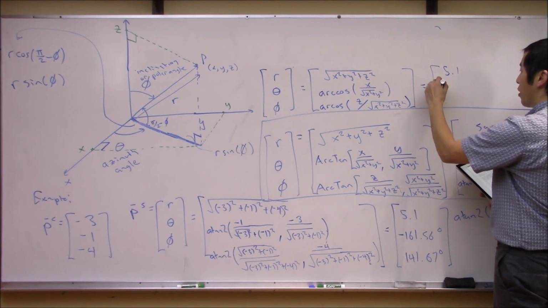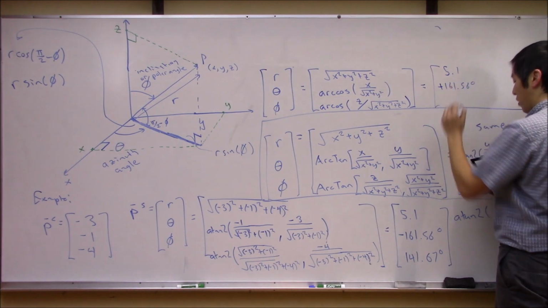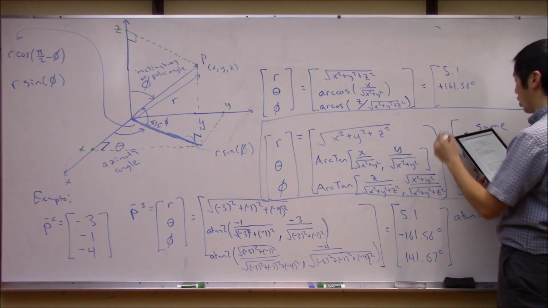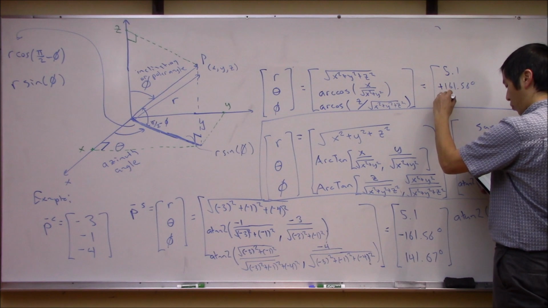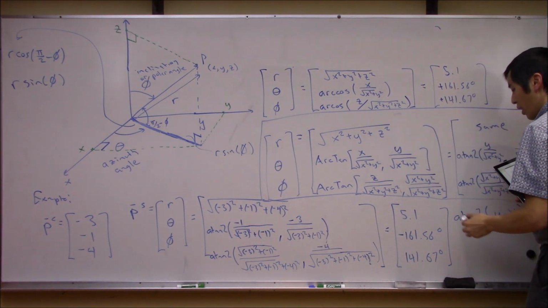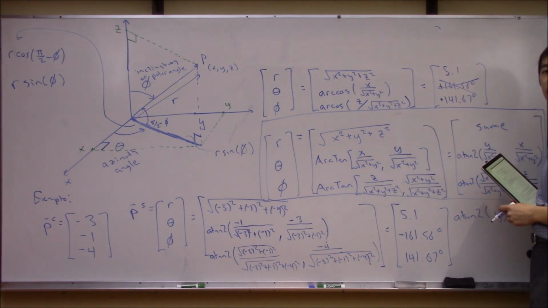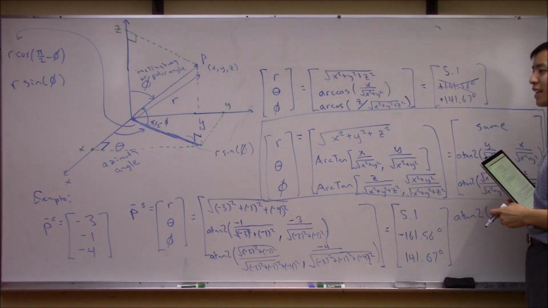Yeah, you end up with positive 161.56 degrees, and the inclination angle comes out right. You do also get 141.67 degrees, right? So this is wrong. This didn't get you what you needed here. So this expression is not exactly correct.